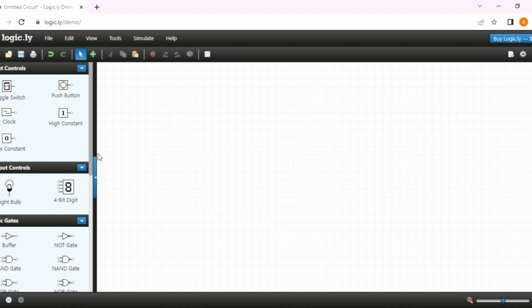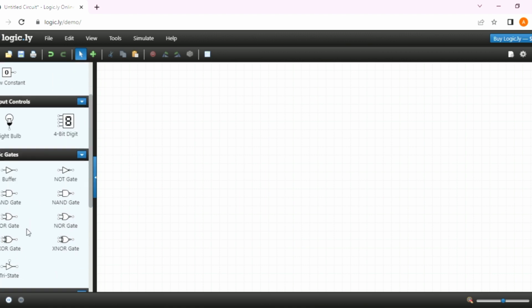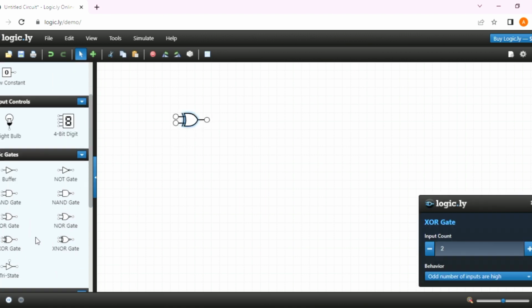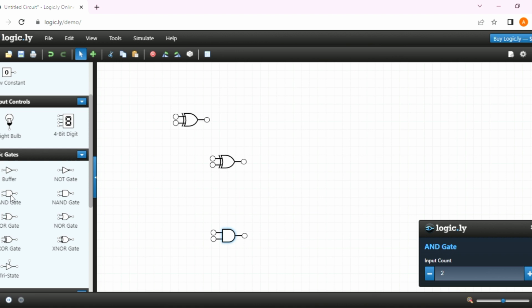Next, we are going to see the full adder. In a full adder, we need 2 XOR gates, 2 AND gates and an OR gate.